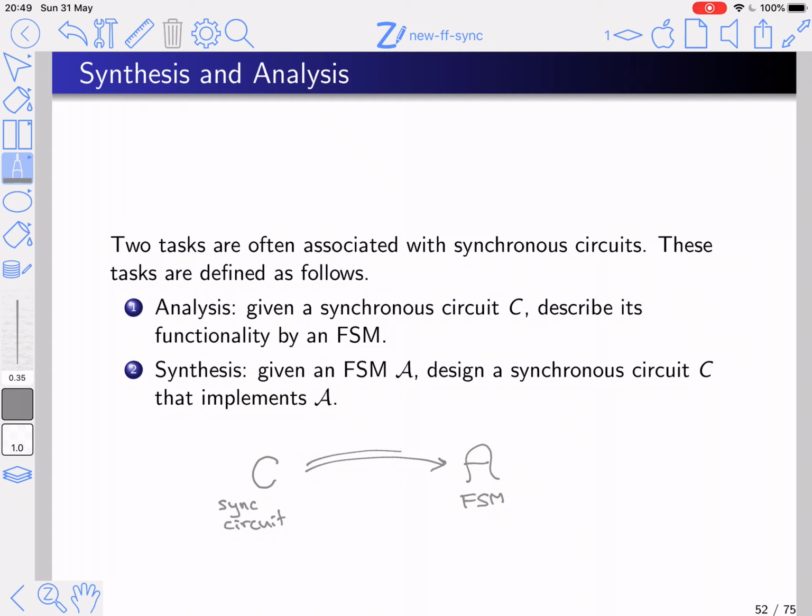And this direction, let's call it analysis. The other direction, in which I give you a finite state machine and I ask you to implement this finite state machine using a synchronous circuit, is called synthesis.